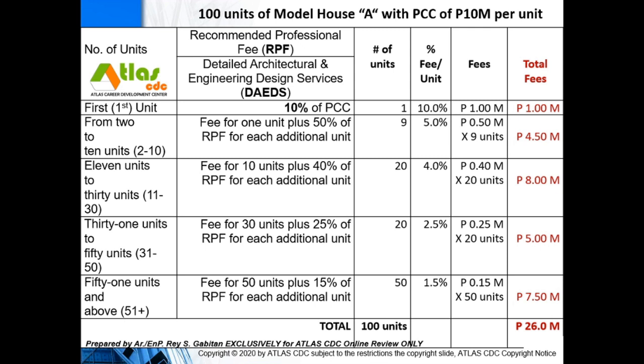You have to consider the percentage for the first unit, whether that 10% will be a good choice, or maybe you can change this so that you can get a more acceptable computation for your final professional fee.